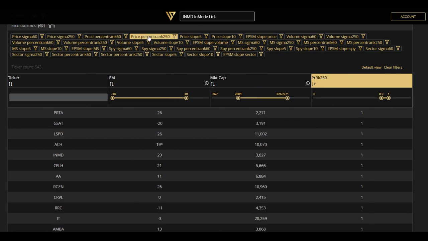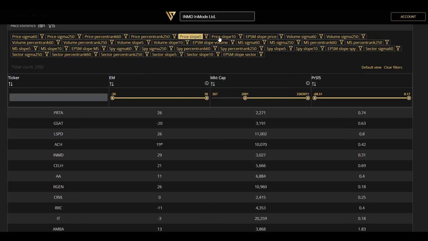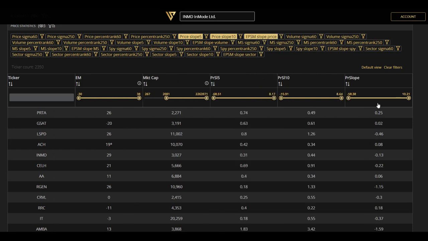Okay, so once we've done those two variables, what we can do is look at probably the most powerful ones: the price slope 10 days, 5 days, and the EPSM slope price. So let's put the 10 days first. What is the price slope? So let me explain.